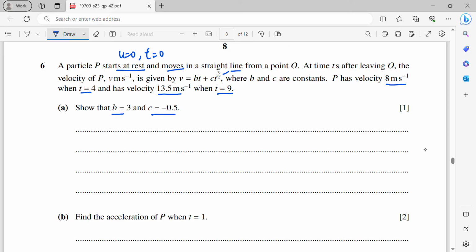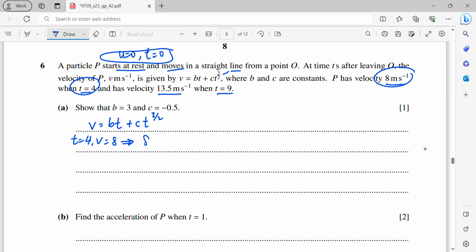Now just rewrite. Your v is Bt plus Ct to the power of 3 over 2. So I will use the values 8 when t equals 4. So when t equals 4, v is 8. I'm not going to use the initial because initial means that everything is 0.